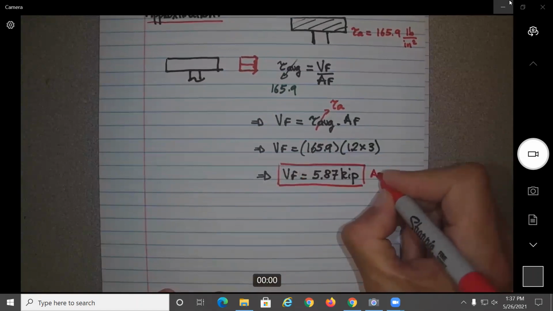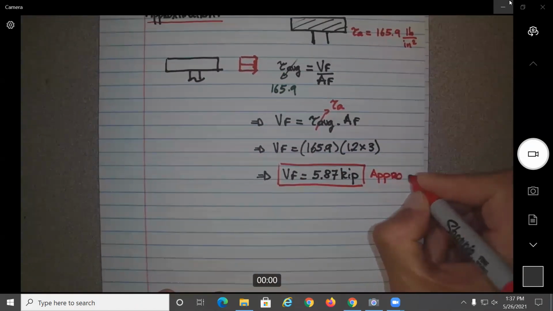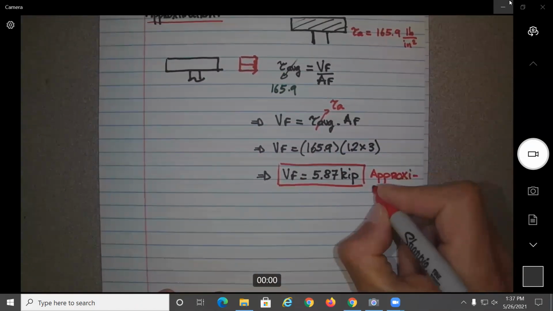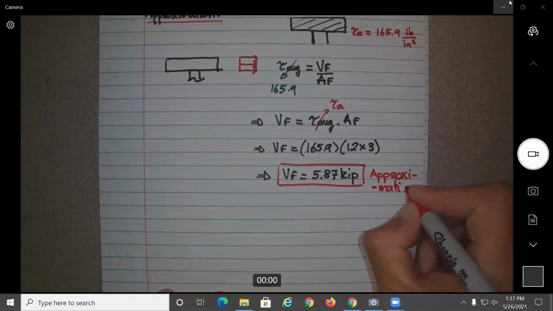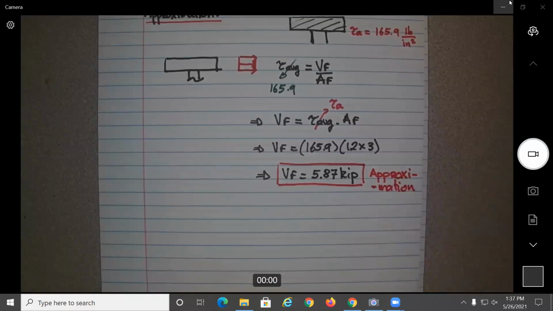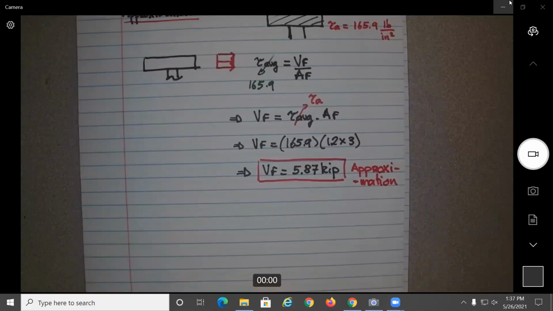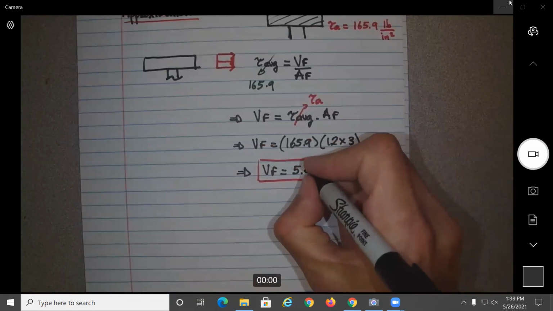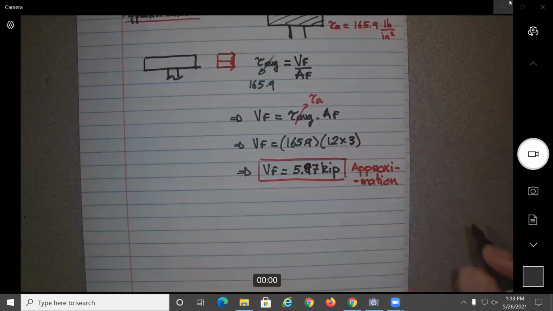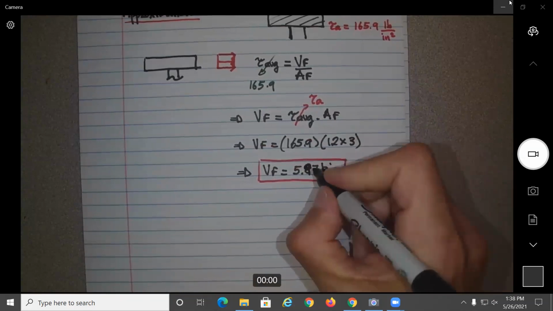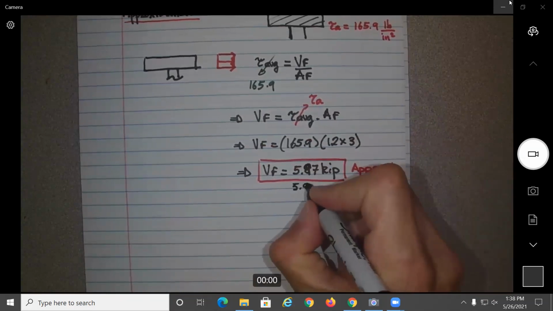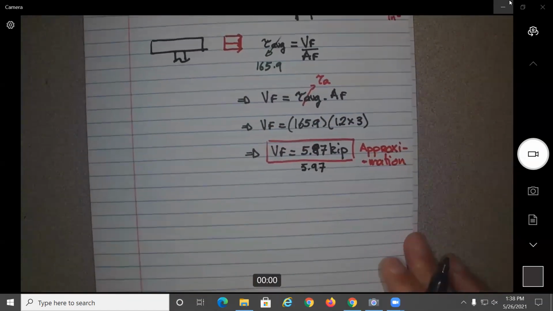But remember, this is the approximation. Is it 5.97? Yeah. Okay, thank you. 5.97. I want to write it here, 5.97, in case it's not clear.